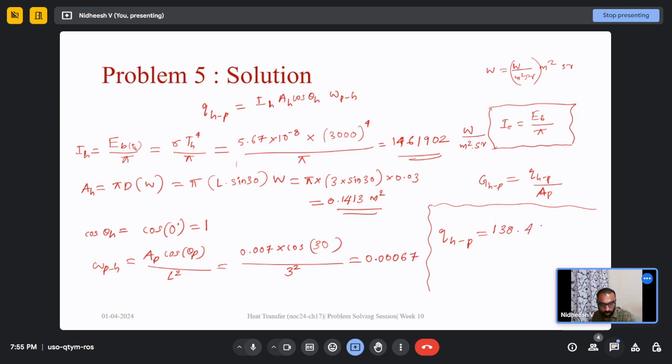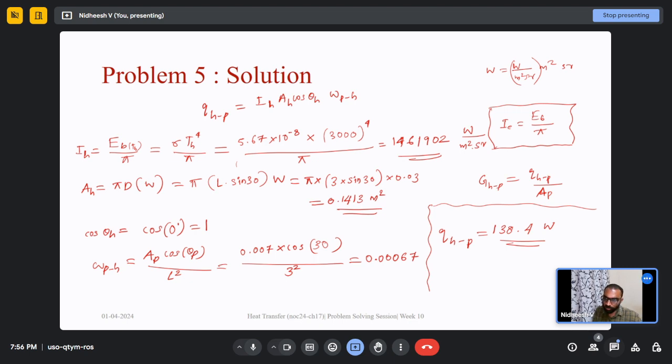But I see a different answer here. Let's recheck our calculations. I is Eb by pi, that is sigma T power 4 by pi, 5.67 times 10 power minus 8 into 3000 power 4 by pi, which should be correct. Area A_h equal to pi D into W. Yes, that is correct.